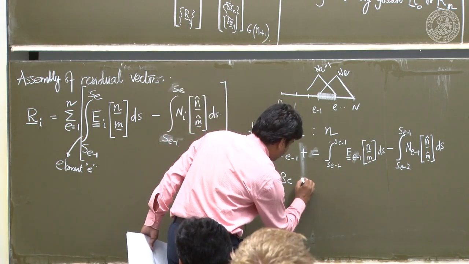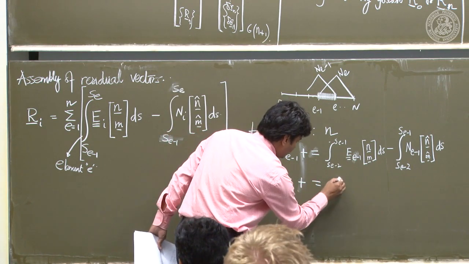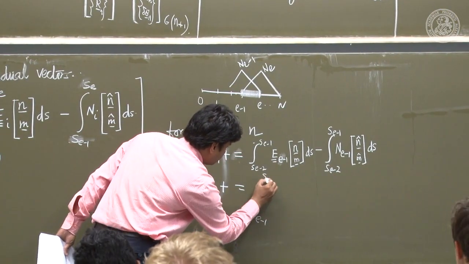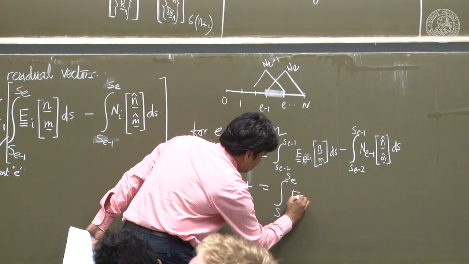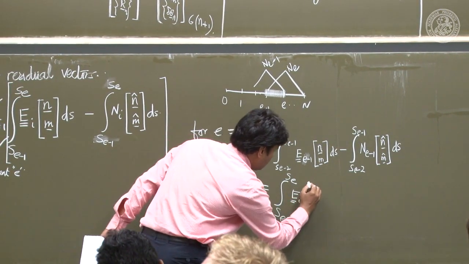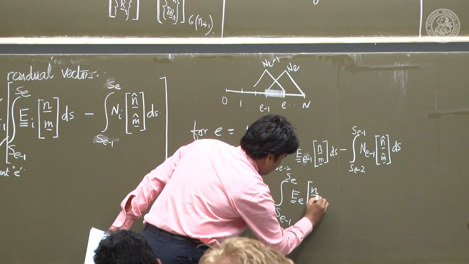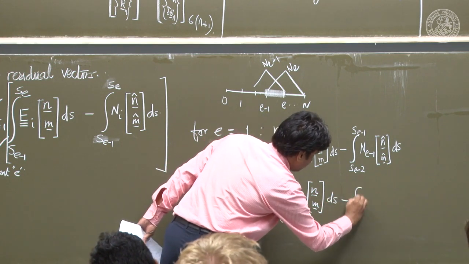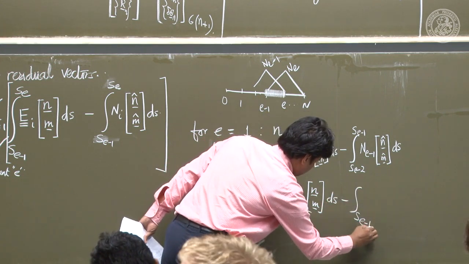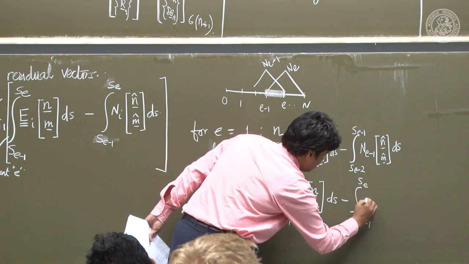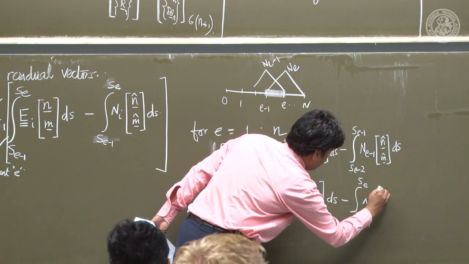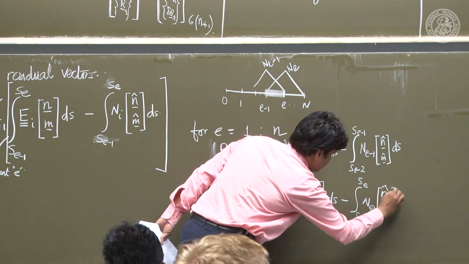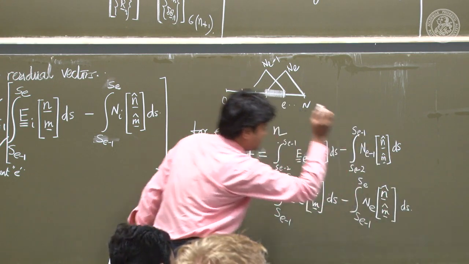Similarly, you write it for R e plus equal to. So, over here simply the integration would run from s e minus 1 to s e, and this would be E subscript e n m ds, minus the integral from s e minus 1 to s e of N e n hat m hat ds.